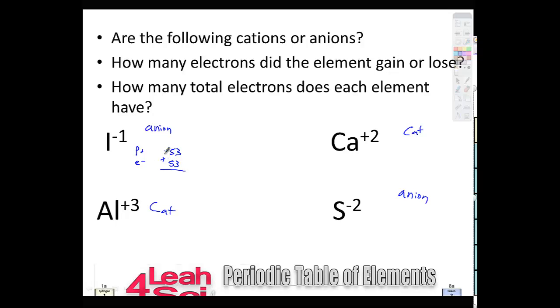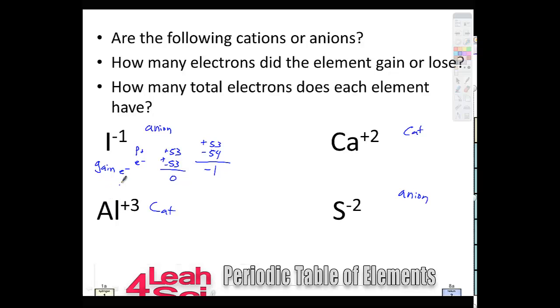So if I add that up, basically I've got a plus sign here, a minus sign here, I'm going to get 0. If I get 54 electrons and 53 protons, so plus and minus, I'm going to get negative 1. So I am going to gain an electron. So it's basically the opposite of what the sign is showing you. If this is negative 1, I'm going to have to gain 1 electron.